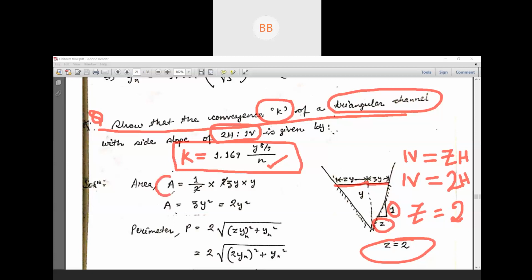First we consider the area equation, that is half into base into altitude. Base multiplied by y, so area equals zy square, and we know z is equal to 2. Then we substitute and get 2y square.